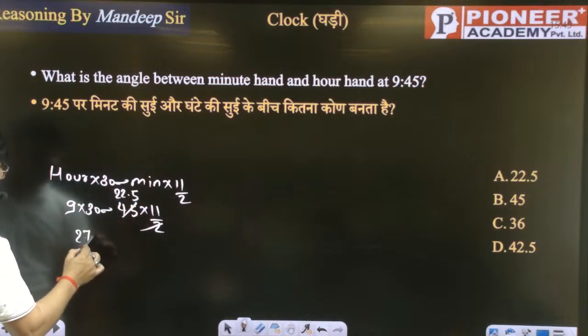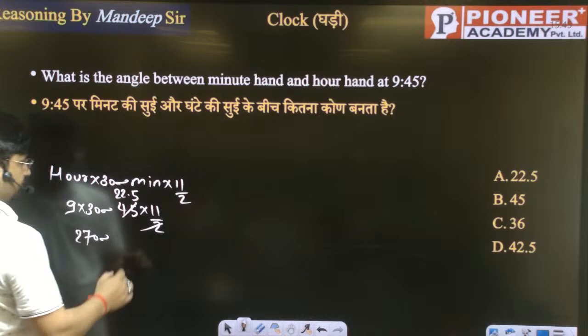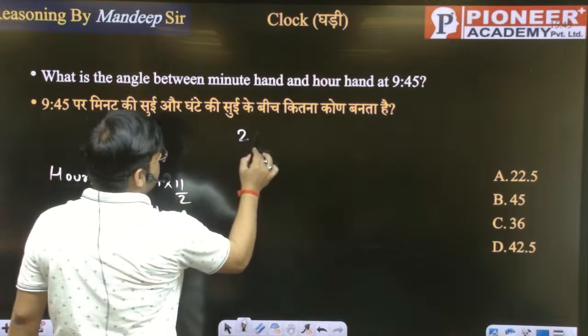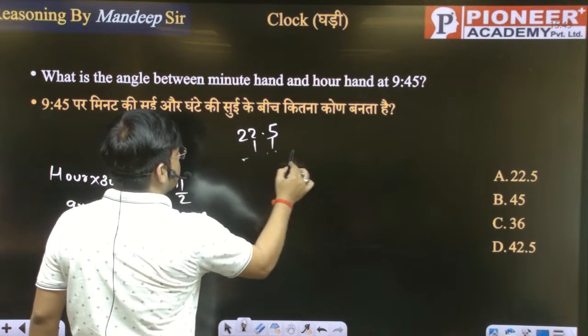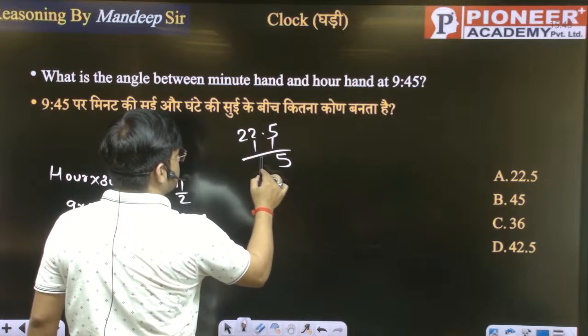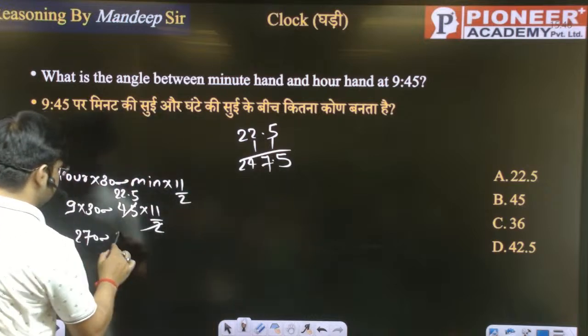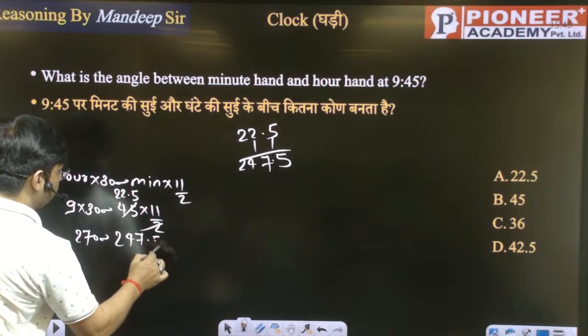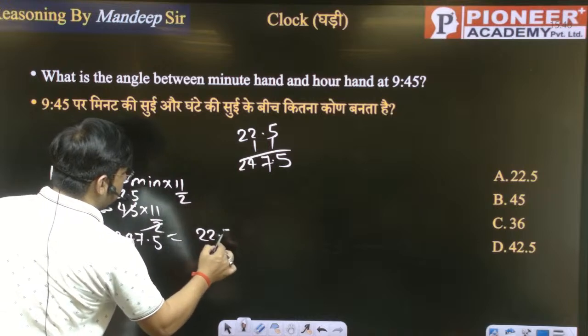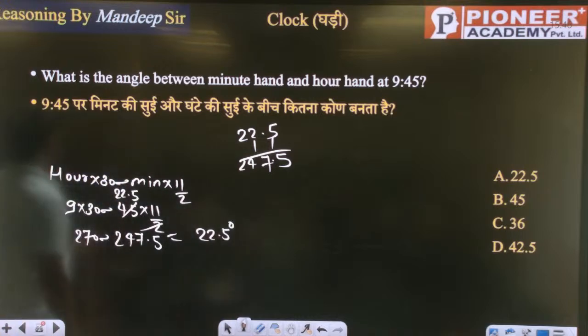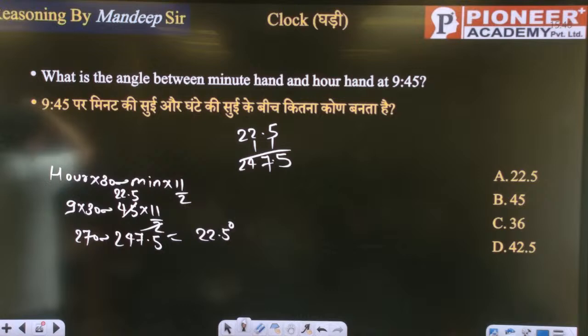It's 270 and 247.5. It's a 22.5 degree. Is it clear?